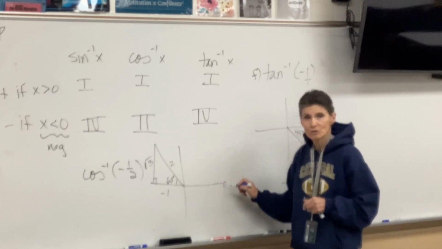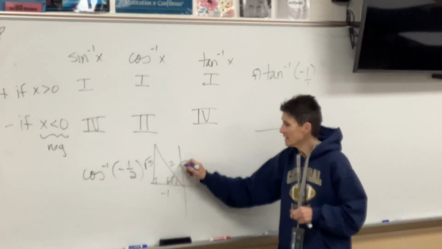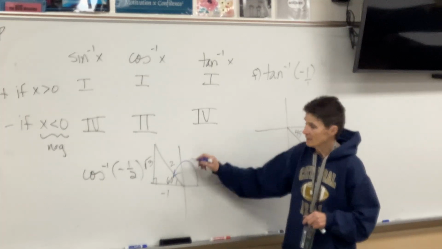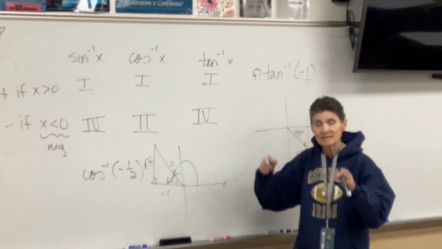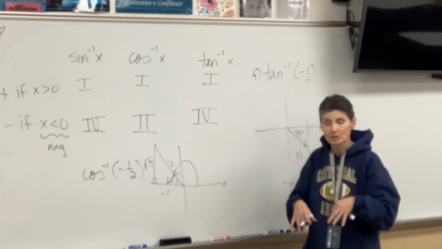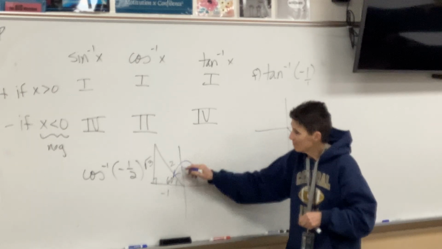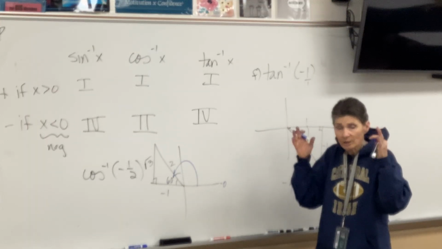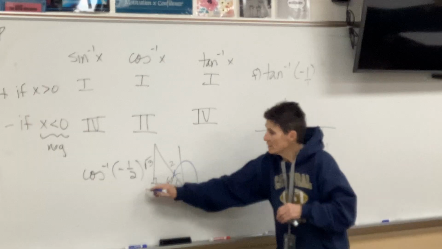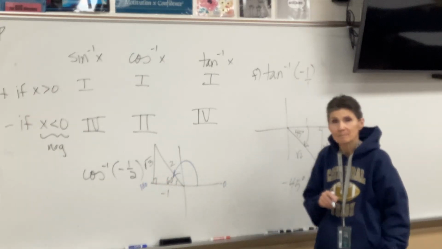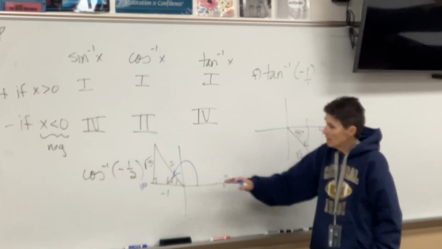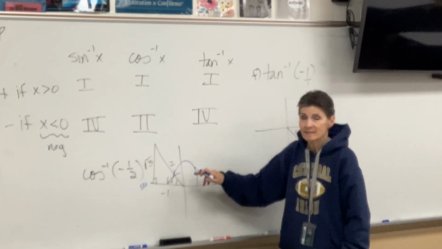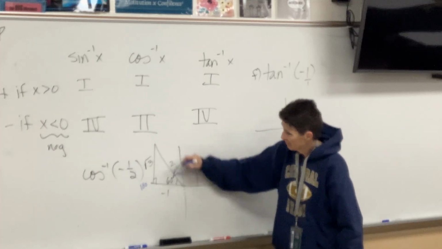Remember, you start measuring here. So the angle is actually that one. The angle is the one that makes a 60 in quadrant 2. So we got to figure out how big that blue angle is. Think about this for a second. We know that this is 180, right? Go all the way to 180. We stopped here.